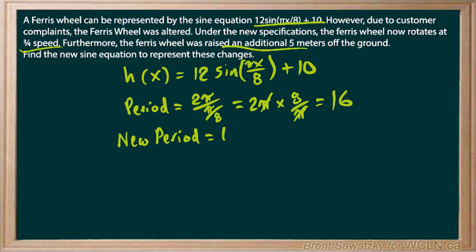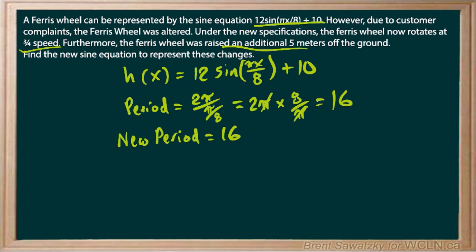And we start off with 16 and 3/4 speed. So we have to think that the speed, or the rotational velocity of the Ferris wheel, is inversely proportional to the period. If it's going slower, then the period gets bigger. It takes more time to make one circle.